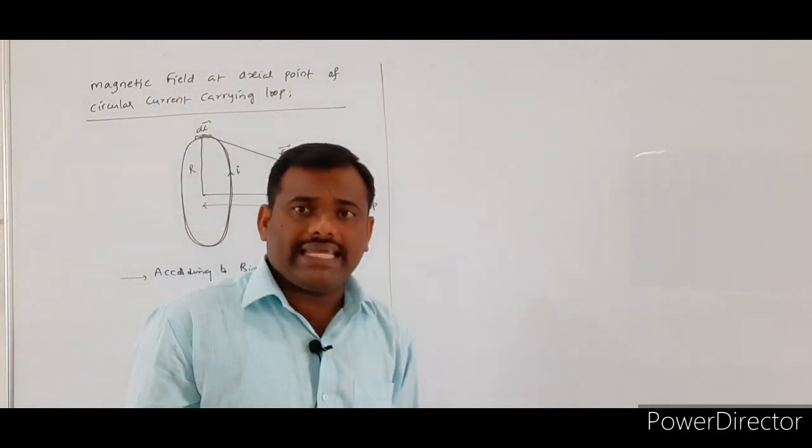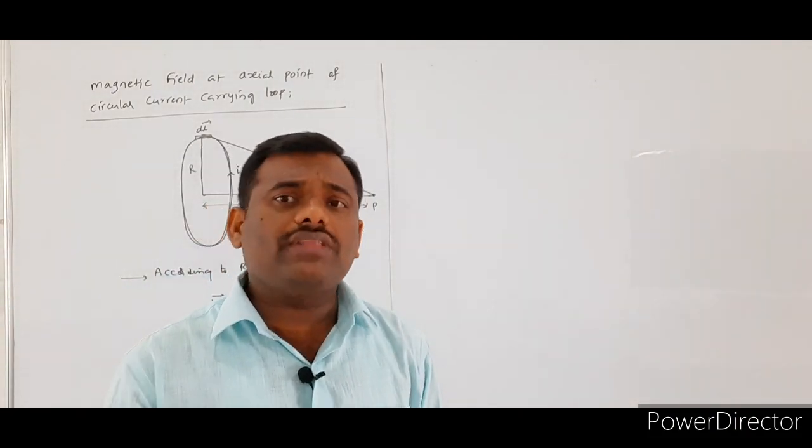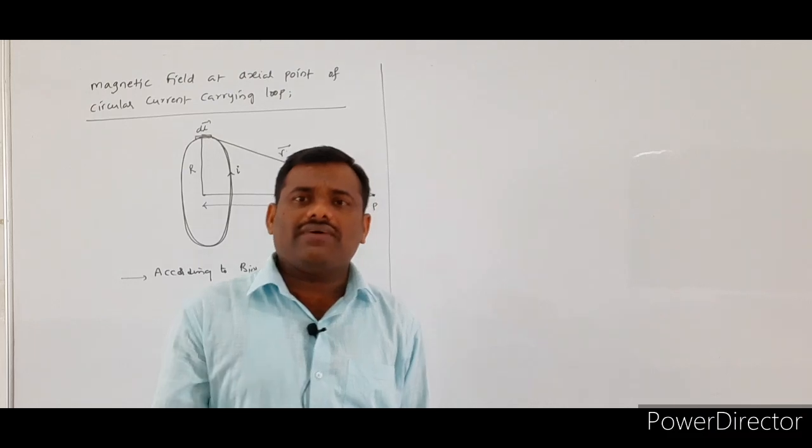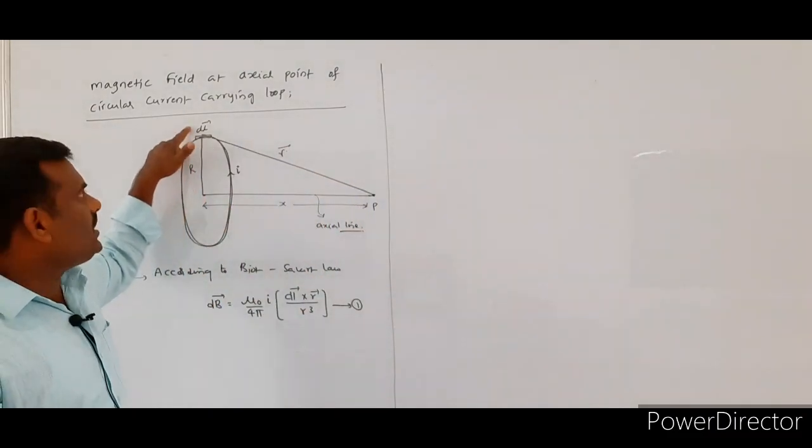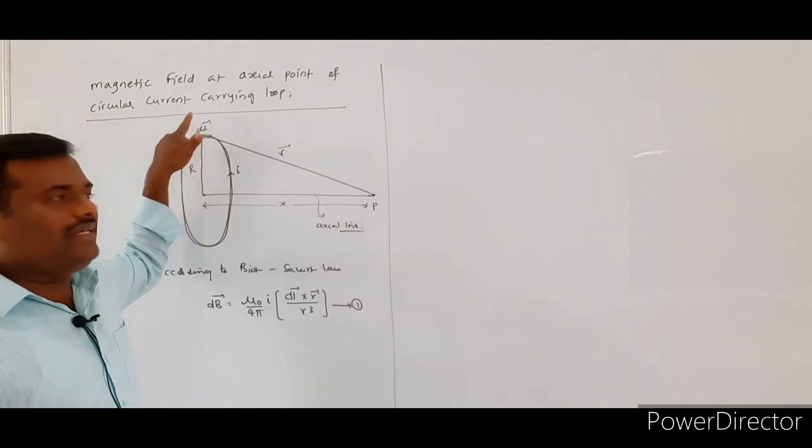So, r bar is indicating the position vector of the point P, which is drawn from the small element dl.